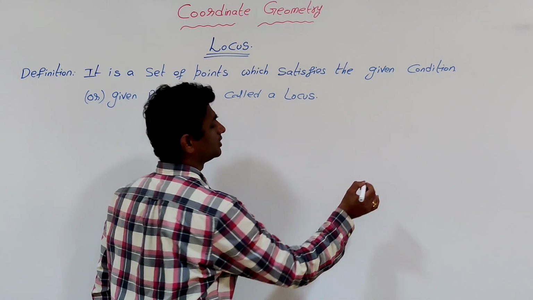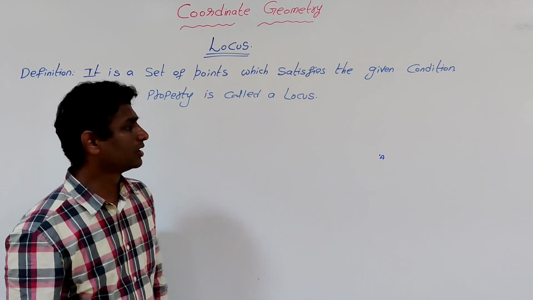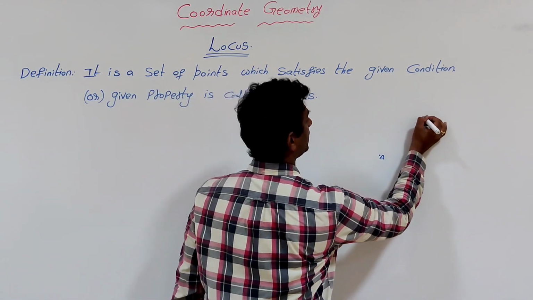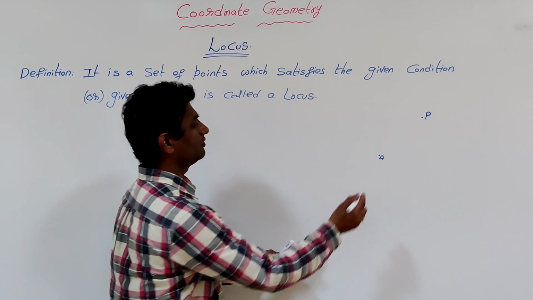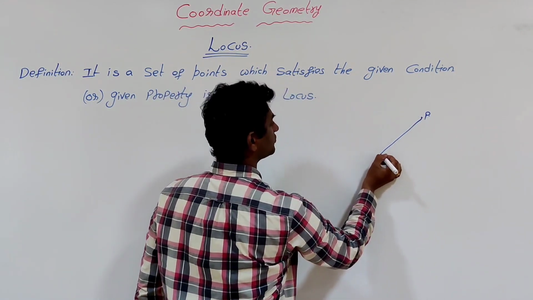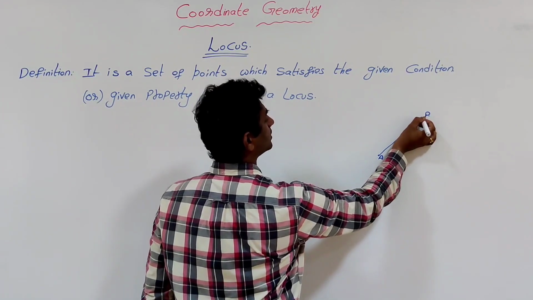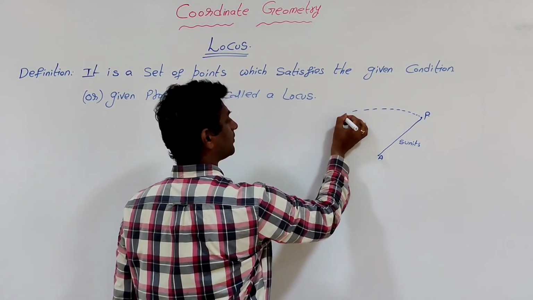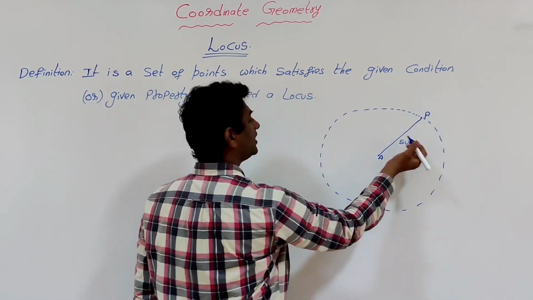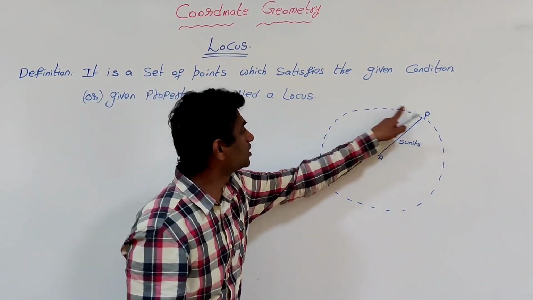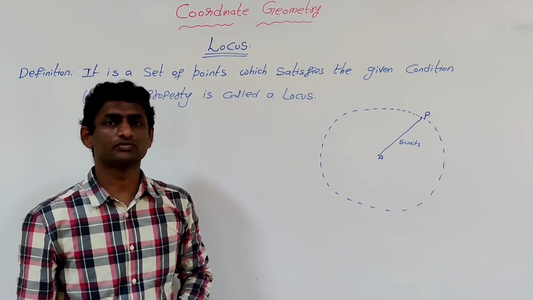For example, if I take a point A in a plane and P as another point on the plane. If the distance from A to P is 5 units, then the set of points with the same distance of 5 units is called a locus, and this represents a circle.